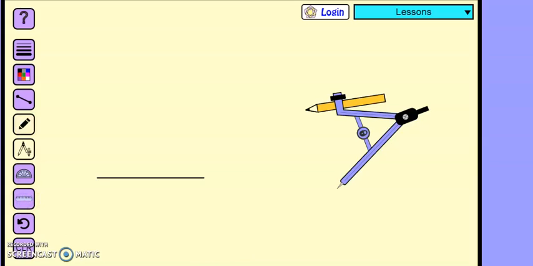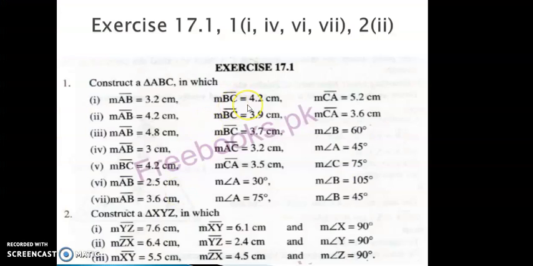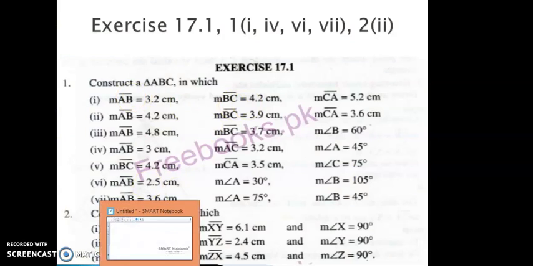This is A point, sorry, this is C point, as this is CA. So CA is equal to 5.2 centimeter.